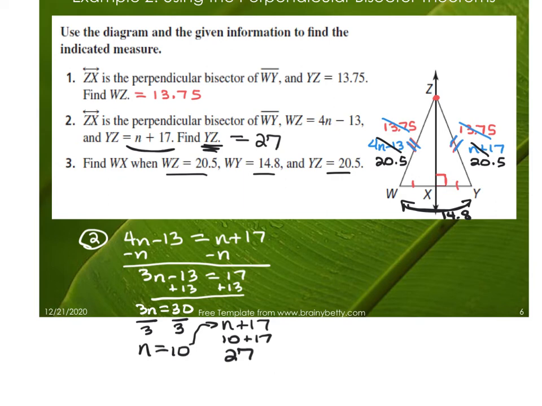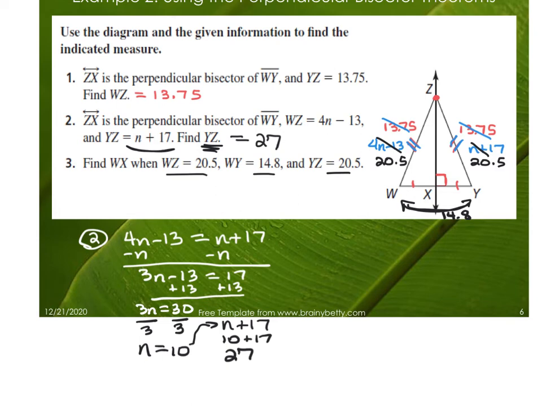For this question, I'm going to use the converse of the perpendicular bisector. This states that if a point is equidistant from the endpoints of a segment, then it's on the perpendicular bisector.